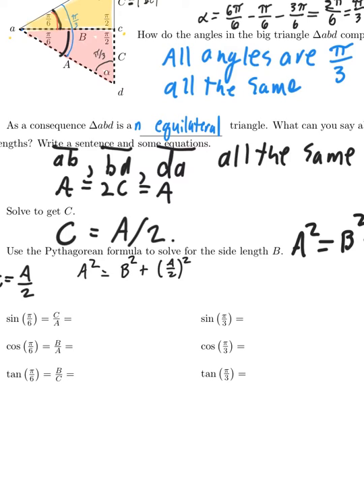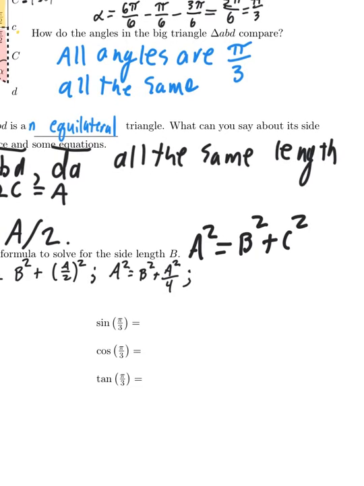So let's see, I'll rewrite that a little bit. That's a squared equals b squared plus a squared over 4. So let's see, I'll subtract a squared over 4 to the other side. That will leave me with 3a squared over 4 is equal to b squared.